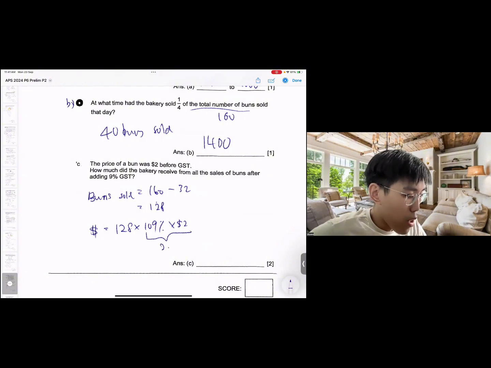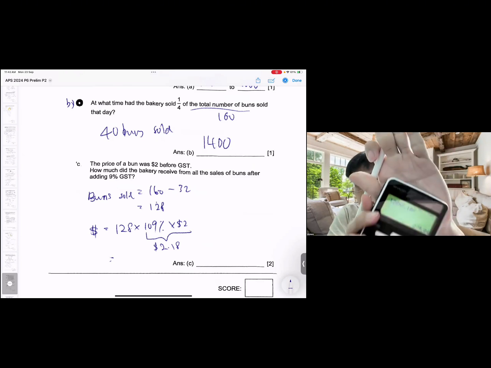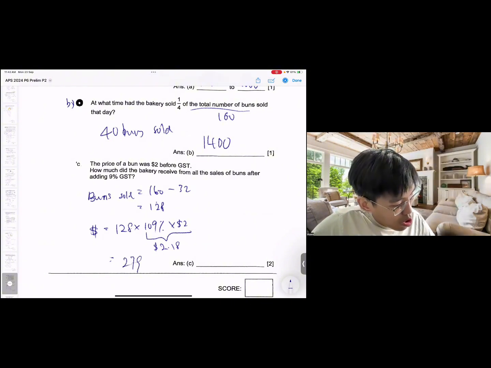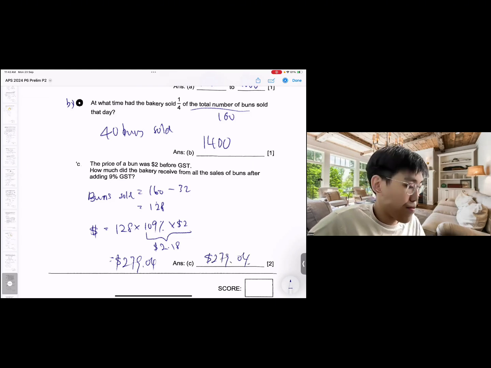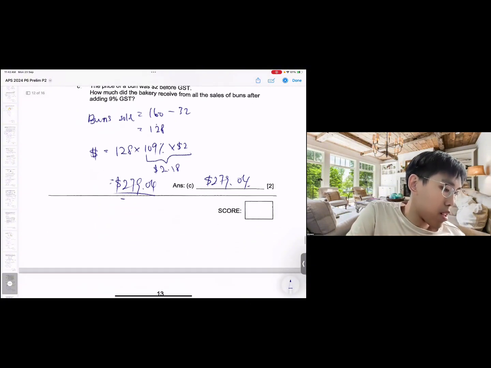This one is 2.18. Most of you will be doing it separately. Actually, don't need. So 128 times 2.18, you'll get 279.04. That's your answer. Quite straightforward, 2 marks.